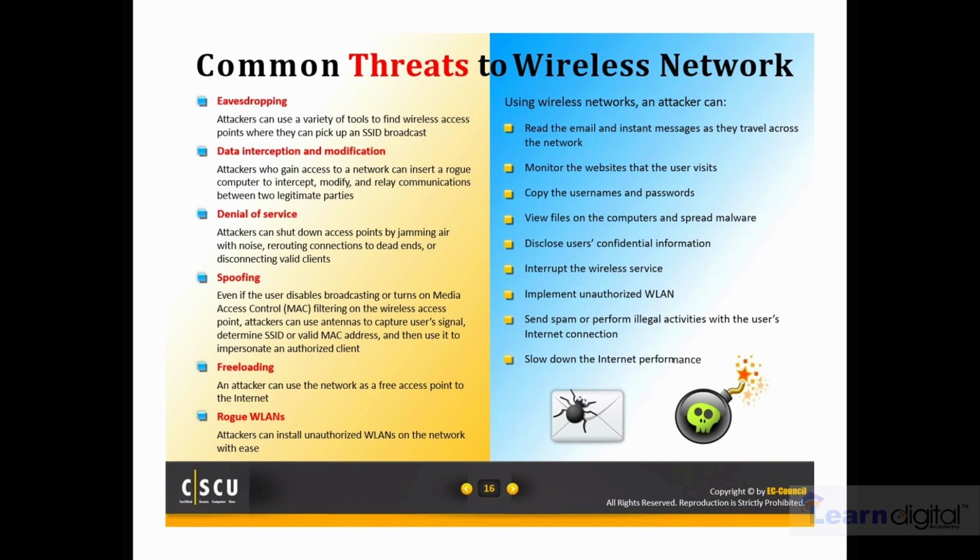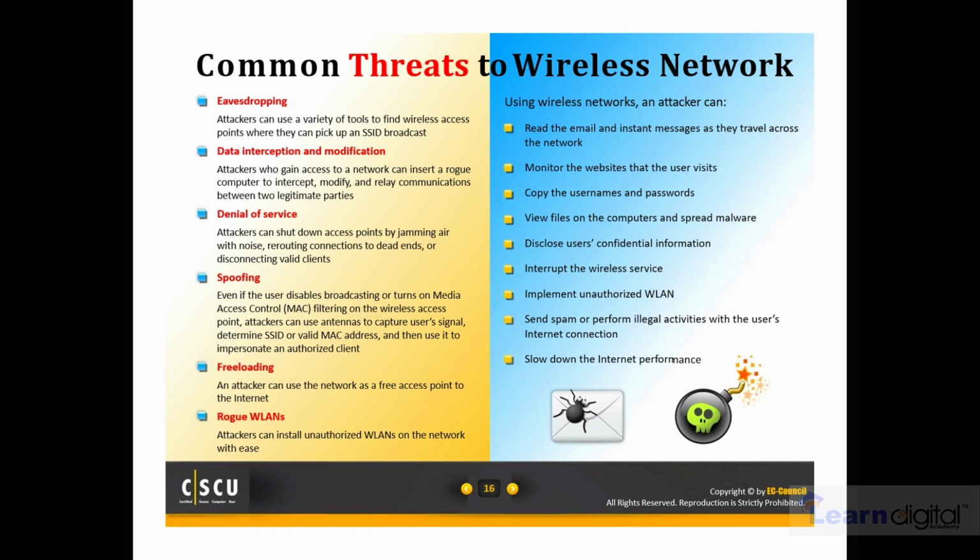Then the second is data interception and modification. That means attackers who gain access to the network can insert a regular computer to intercept, modify, and relay the communication between two legitimate parties. Like I'm connecting with you, I said hi, you get message hi from my end.